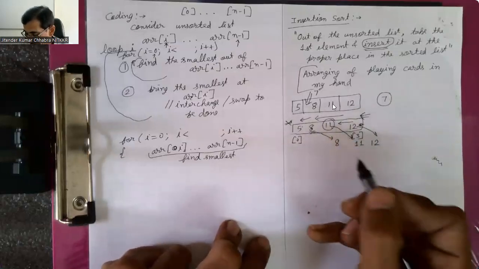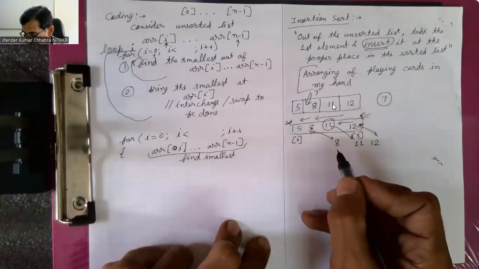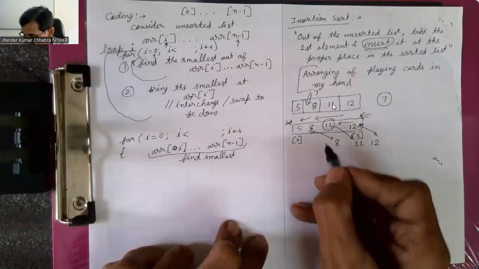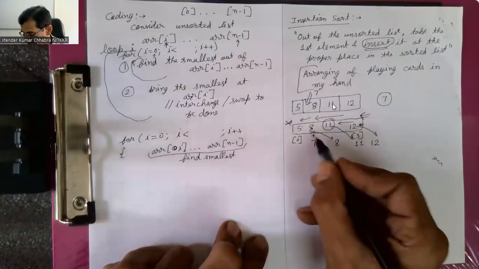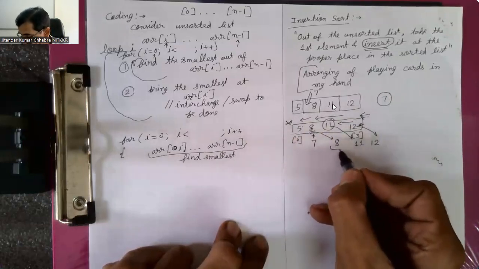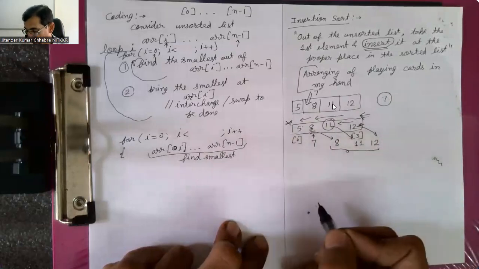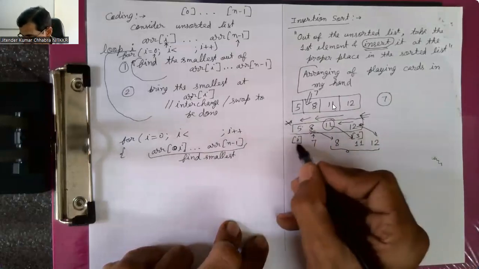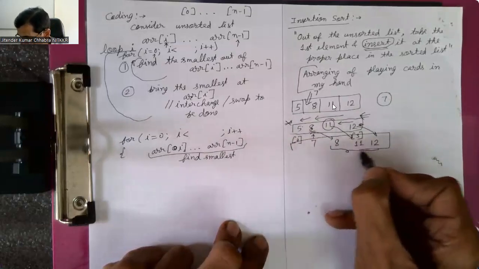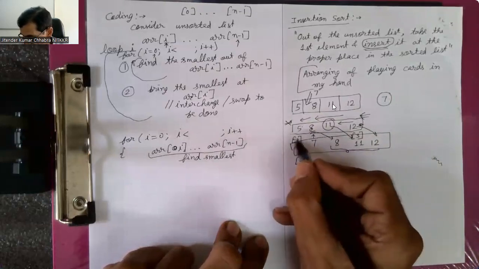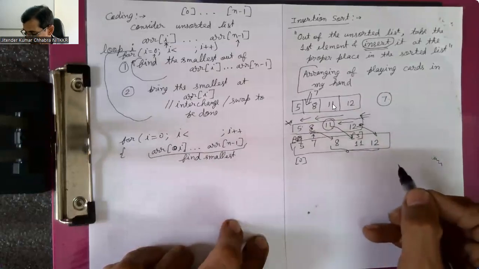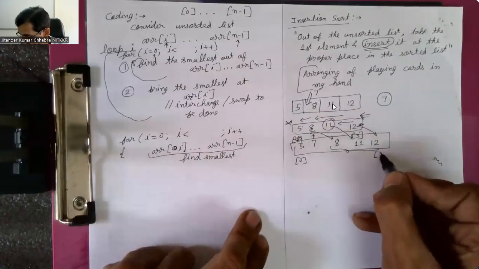Now I find the right place available. 5 is lesser, so 7 has found its position. 7 is put at this place, which is already available because I have shifted 3 elements. So now my cards in my hand are in this order: 5, 7, 8, 11, 12, indices 0 to 4.